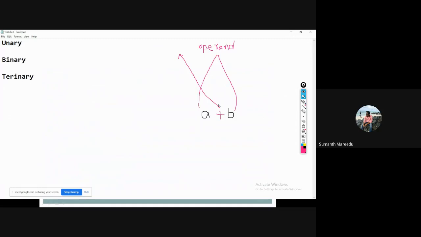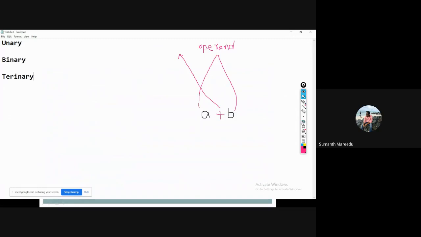Unary operator means to apply that operator, one operand is enough.